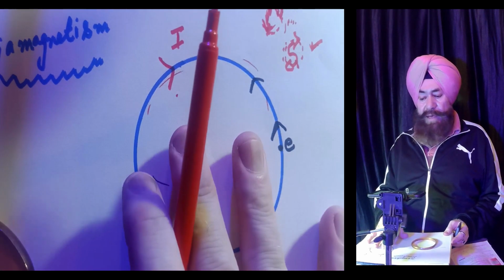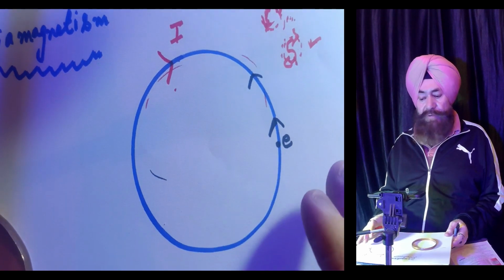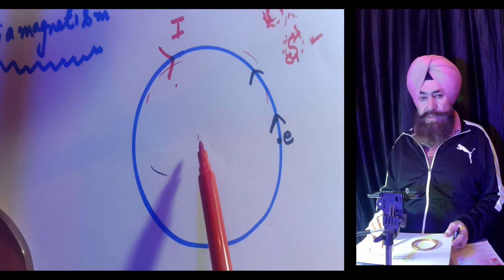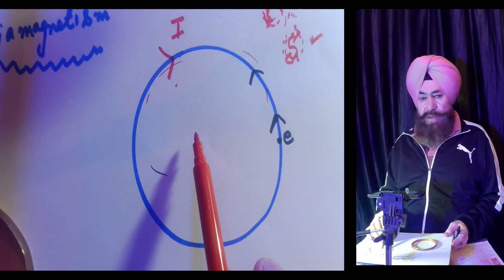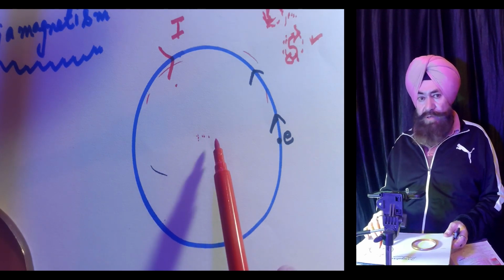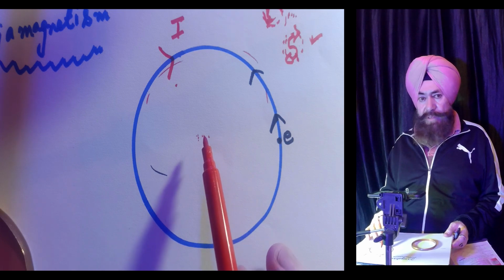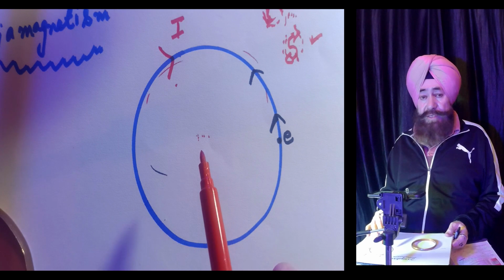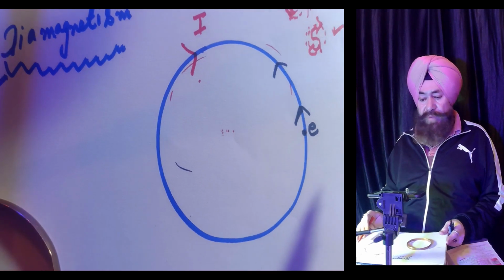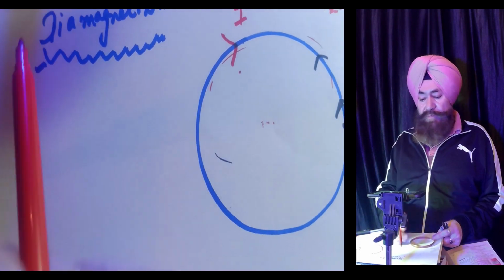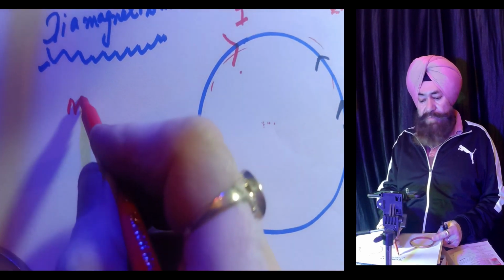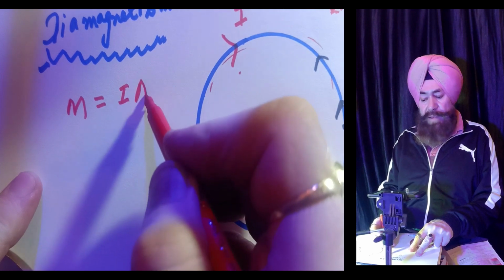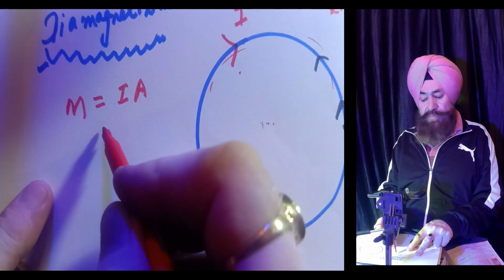If it is a tiny magnet, it must have a magnetic moment, because magnetic moment tells the strength of the magnet. And you know the formula of the magnetic moment is current multiplied by area.